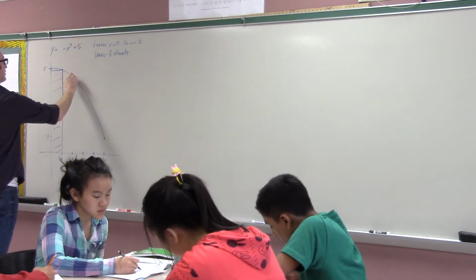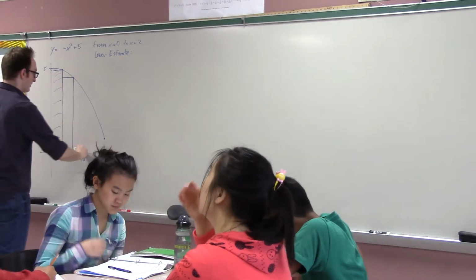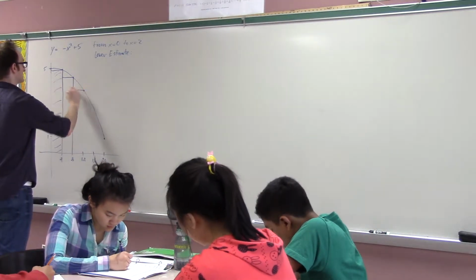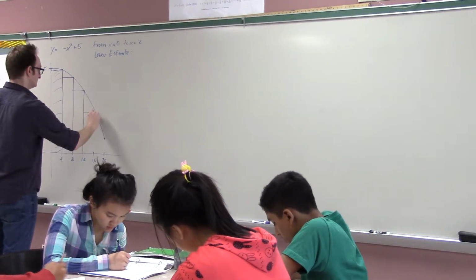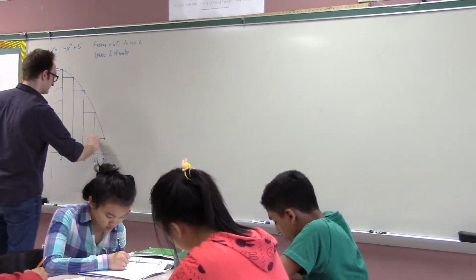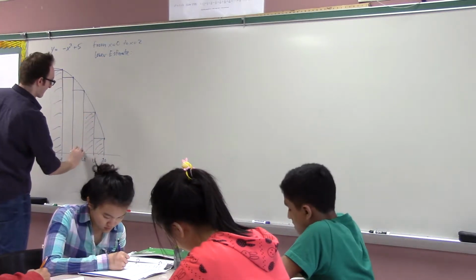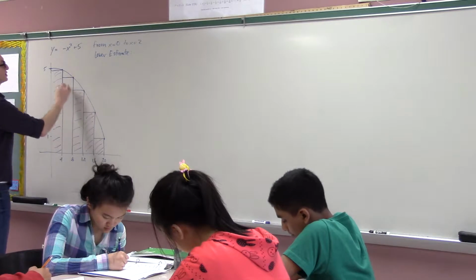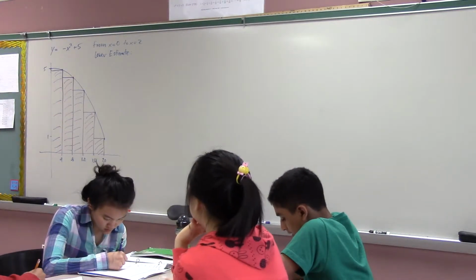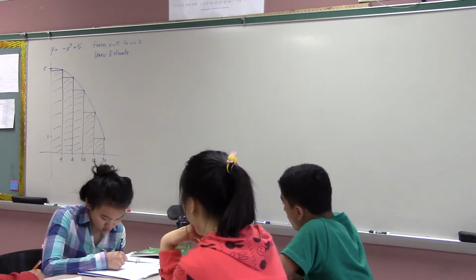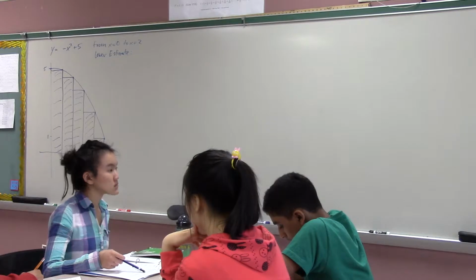I plug the number 0.8 into the function, and whatever y value I get, that is going to be the height of that rectangle. So I'm using the value of the function at the right endpoint as an approximation for the height of the rectangle on that subinterval. Everybody with me?